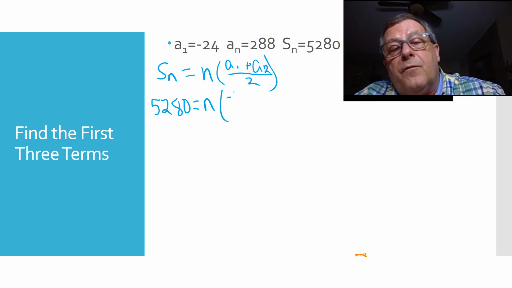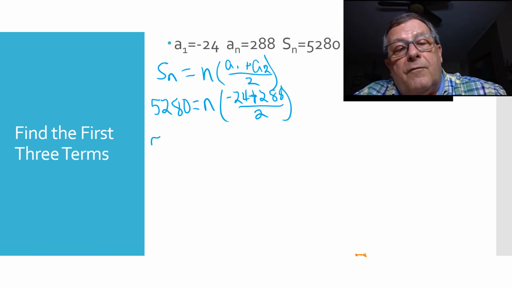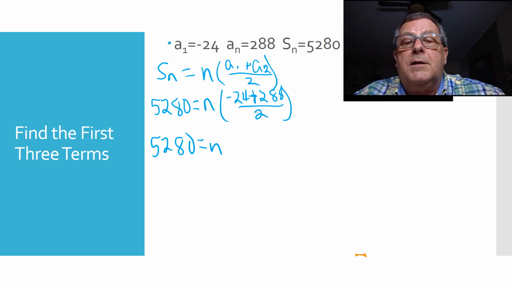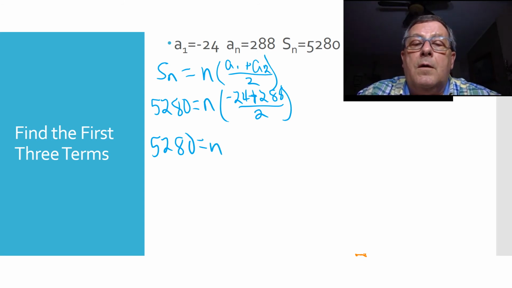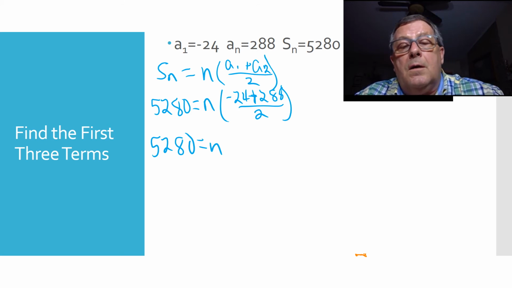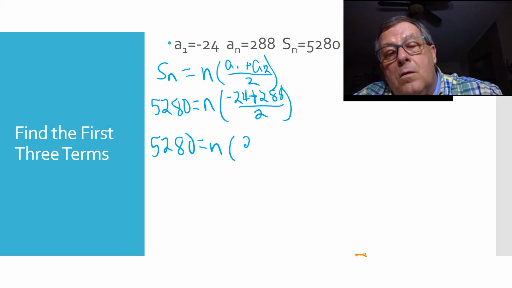A1 is negative 24 plus an, which is 288, over 2. And we've got 5,280 equals n times, let's see, negative 24 plus 288, I think it's going to be 264, over 2.